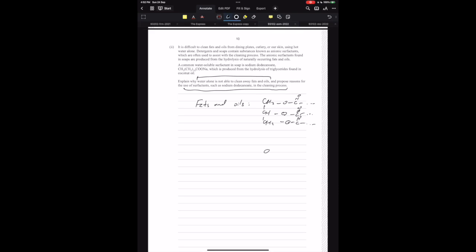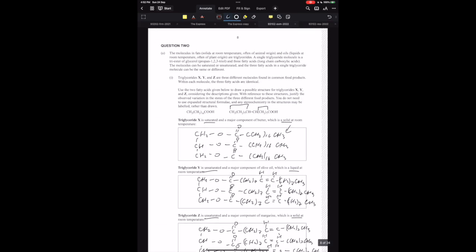So water, as we know, is a polar molecule. And we know that the hydrogens have a delta positive charge, and the oxygen has a delta negative charge. And the thing is, these triglyceride molecules are long, and as we can see here, they basically consist of long non-polar chains.